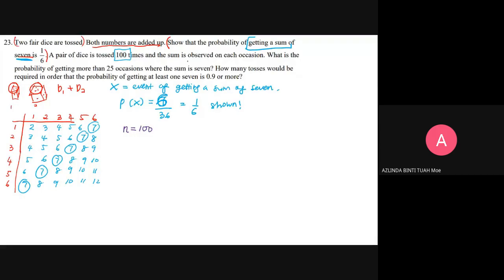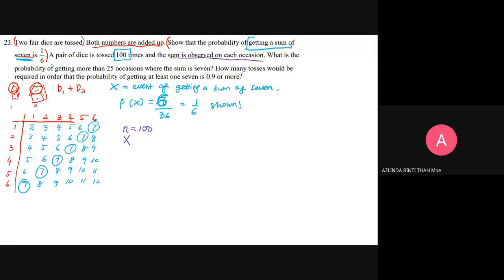And the sum is observed on each occasion. Sama lah event dia, baling 2 dadu dan kita tengok hasil tambah antara kedua-dua dadu. So ini still menggunakan event yang sama. Jadi saya boleh gunakan simbol X lagi dalam soalan seterusnya.